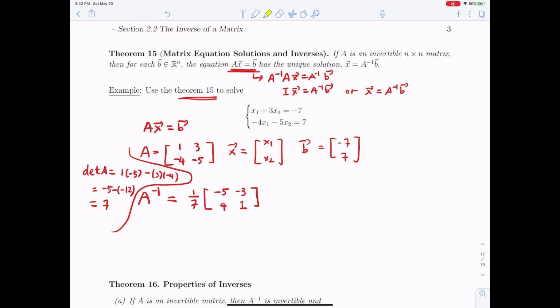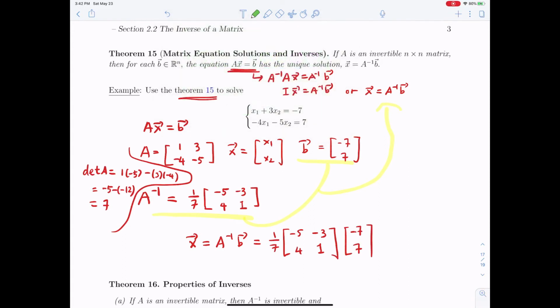So if you plug this and that into this equation, then we get the vector X equals A inverse times B, which is the same as 1/7 times the matrix negative 5, negative 3, 4, 1, times 7, 7.